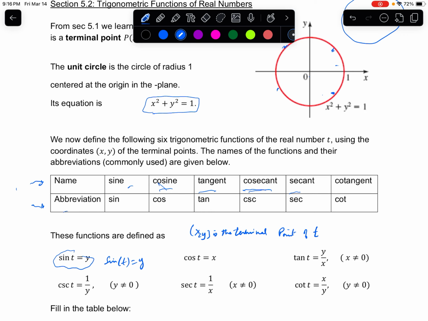Cosine of t will be x, the x coordinate of the terminal point. Tangent of t will be equal to y over x when x is not equal to 0. If x is 0, we say tangent is undefined.